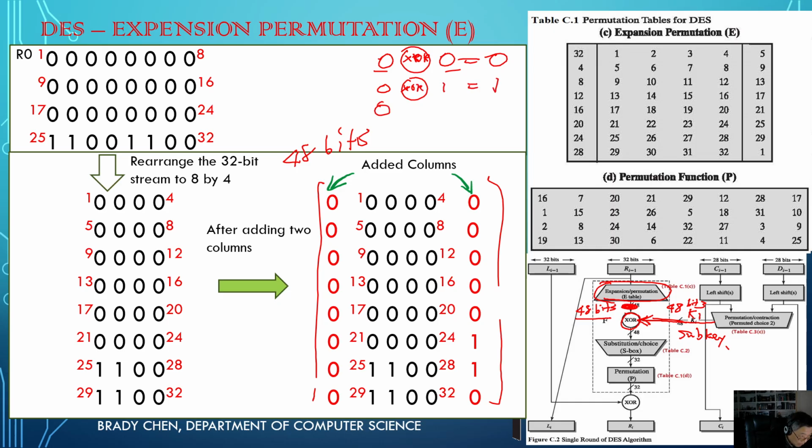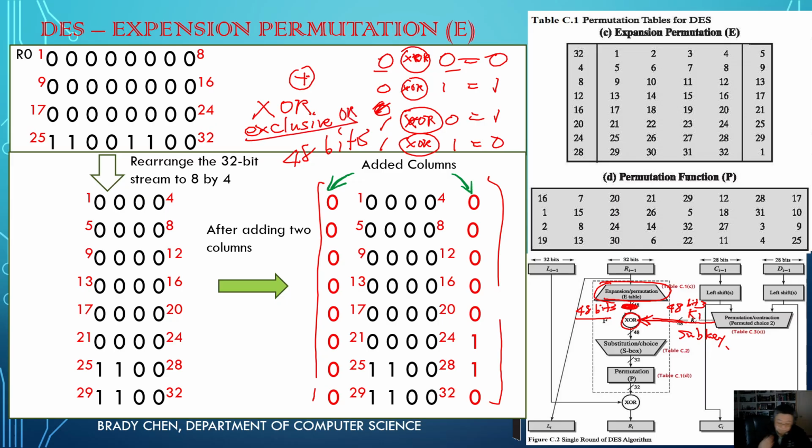I'm sorry, 1 exclusive OR 0 is 1. And 1 exclusive OR 1 is 0. So that's the definition. Most of the time, we use a plus with a circle to represent the exclusive OR. So we write XOR, but it actually means the exclusive OR operation.